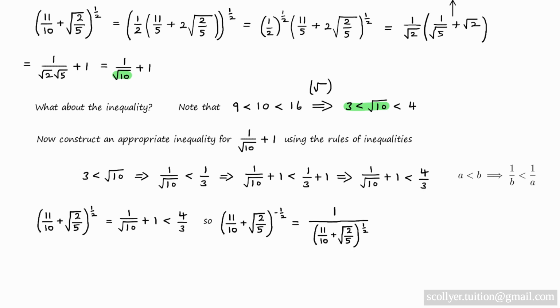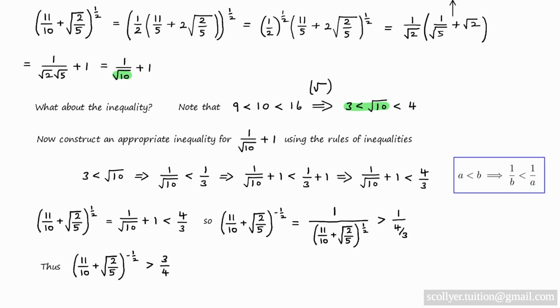And so now the quantity that we are interested in, (11/10 + root 2 over 5) to the power minus 1/2, which equals 1 over (11/10 + root 2 over 5) to the power plus 1/2, is greater than 1 over 4 over 3 by using this relationship once again. And so we finally have that (11/10 + root 2 over 5) all to the power minus 1/2 is greater than 3 over 4, as required.